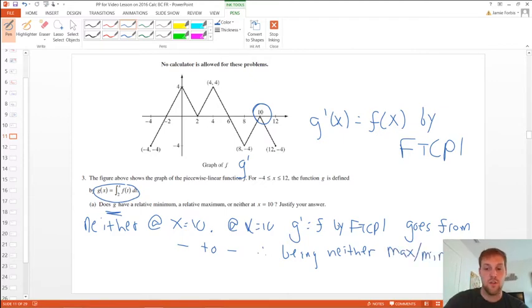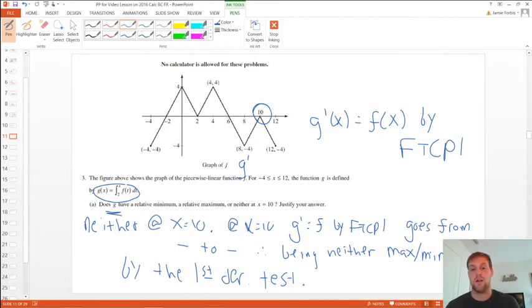If you want to get fancy, you can say by the first derivative test. Okay, so it's neither at x equals 10 because at x equals 10, g prime equals f by FTC part 1 goes from negative to negative, therefore being neither max nor min by the first derivative test.